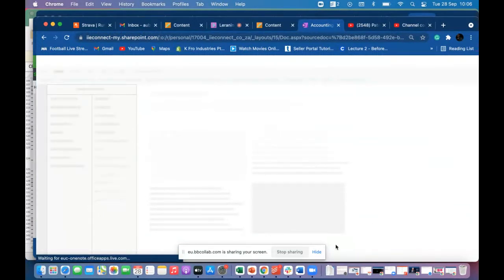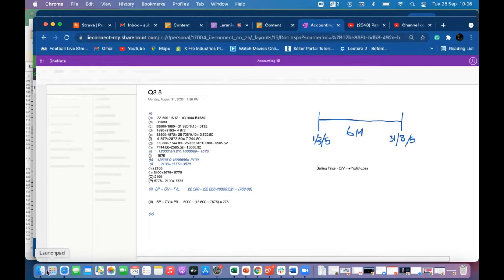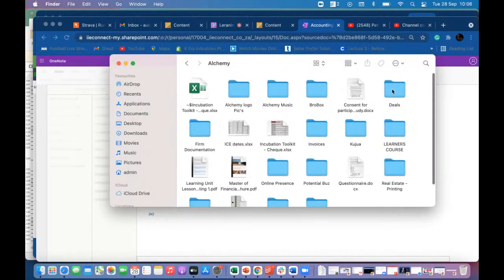Whilst we get to it, I'd like you guys to open your textbooks to question 5.1. I'd like us to do question 5.1, so if you guys could flip there.